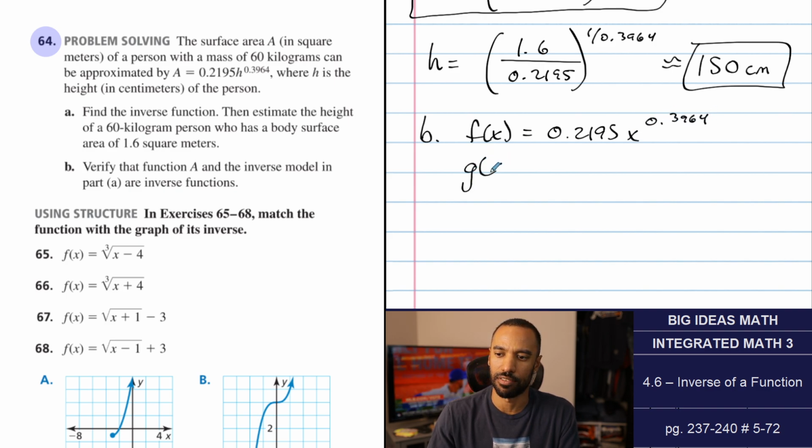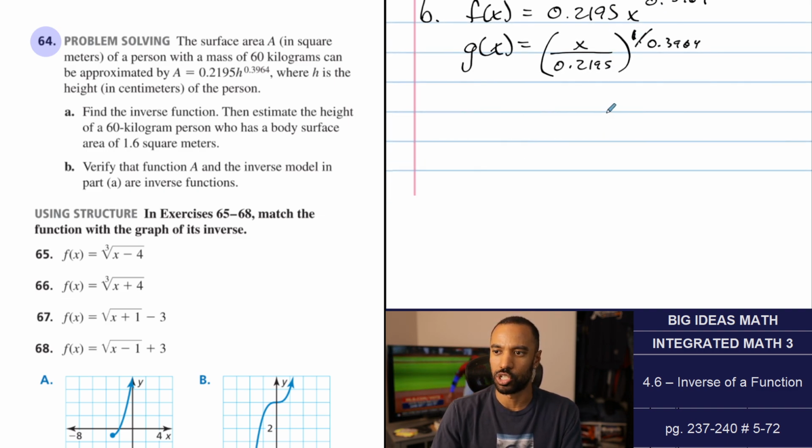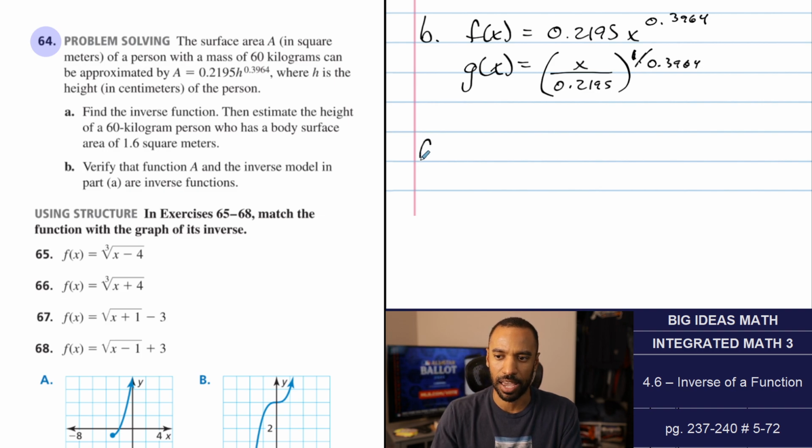And the other one is g of x equals x over 0.2195 to the 1 over 0.3964. So what I have to do here is I have to do f of g of x and g of f of x and make sure that I get x back out on both of these.